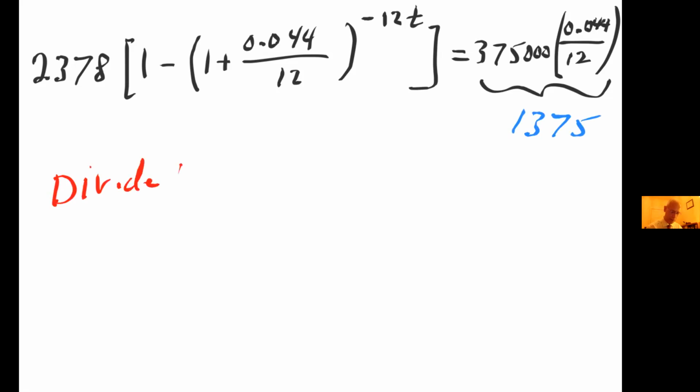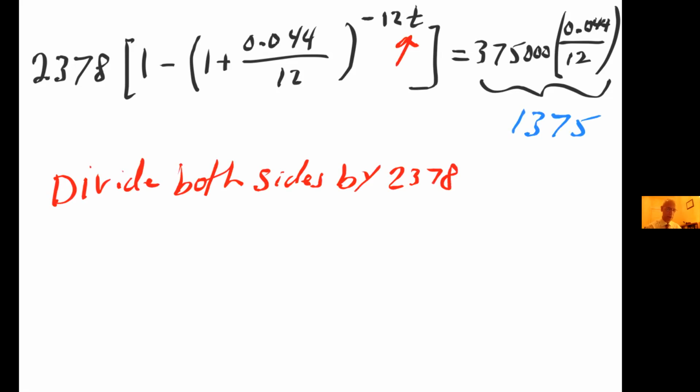Now the next step, I'm going to divide both sides by 2378, because remember, the goal is to get to this t. So I'm going to get rid of this 2,378.